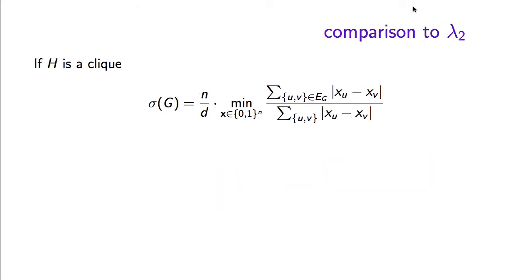Let's give a comparison between the way we obtained this relaxation of Leighton and Rao and the way we see lambda 2 as a relaxation of the sparsity problem. So let's look at a special case in which the graph H is a clique.